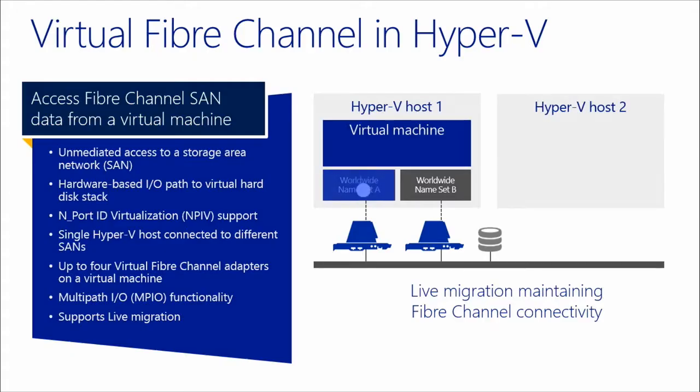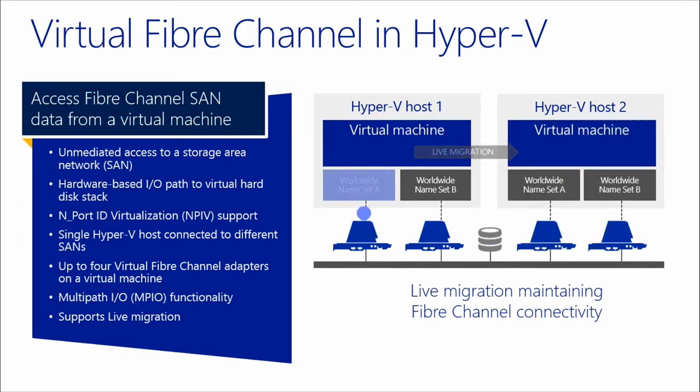And because it's Fibre Channel through to the VM, I can use my Fibre Channel storage array vendors' MPIO capabilities as well. You know, that device-specific module we talked about earlier, which is useful for optimizing the connection. So I can have up to 4 per VM, and it also supports live migration. So when we're initiating a live migration of a virtual machine, the storage traffic is typically traveling down a certain name set, a certain adapter within the Hyper-V host.